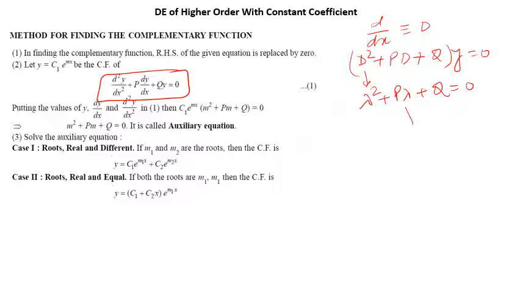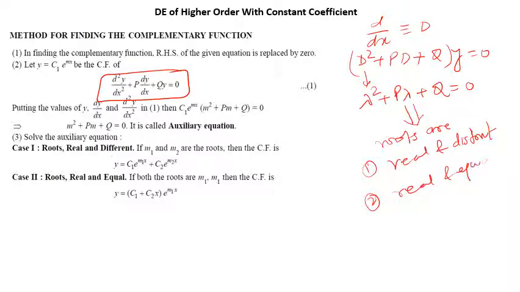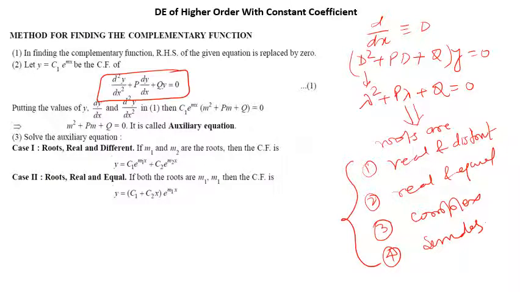Solve this second order equation. Its roots can be: number 1, real and distinct; number 2, real and equal; number 3, complex roots; number 4, surds. This type of roots can be obtained.